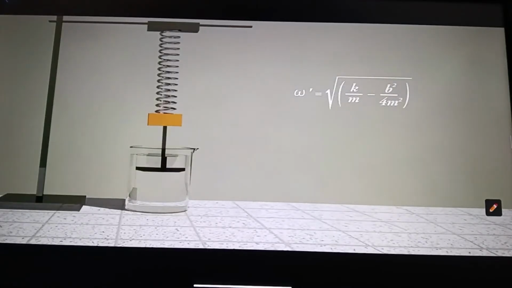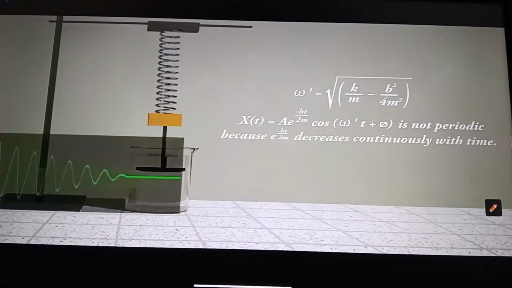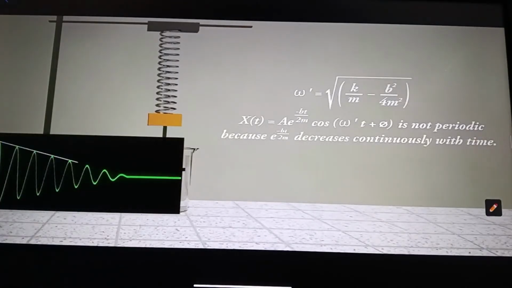It is very important to note that x(t) is equal to A e raised to the power minus bt upon 2m cos of omega prime t plus phi is not periodic because e raised to the power minus bt upon 2m decreases continuously with time. Hence, the amplitude keeps on decreasing with time.